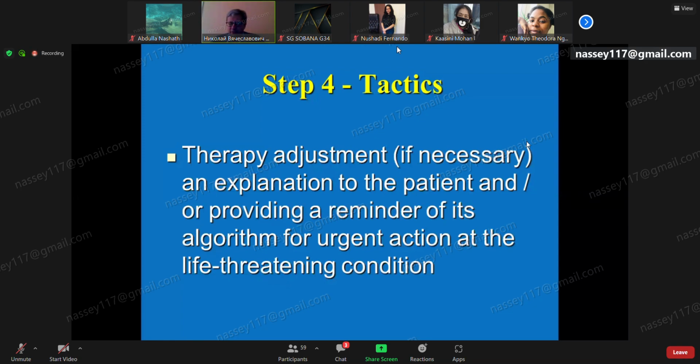Sometimes, if necessary, we should recommend therapy adjustment and explanation to the patient and or providing a reminder of the algorithm for urgent action in life-threatening situations, such as possible hypertensive crisis.